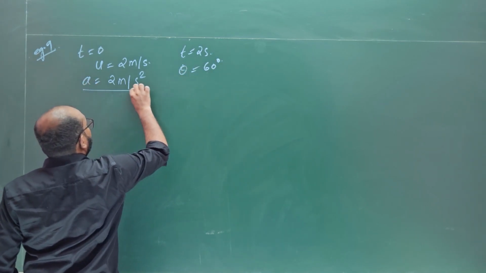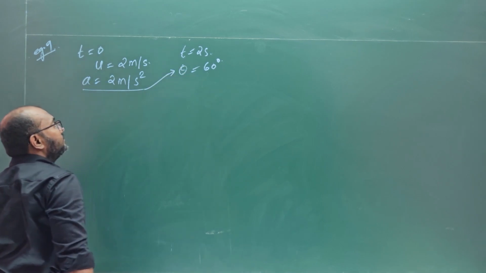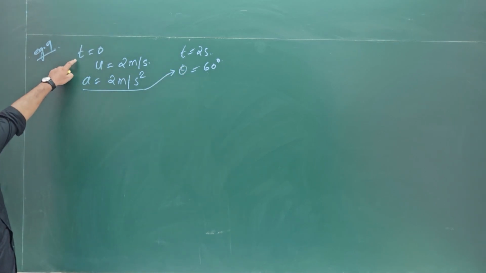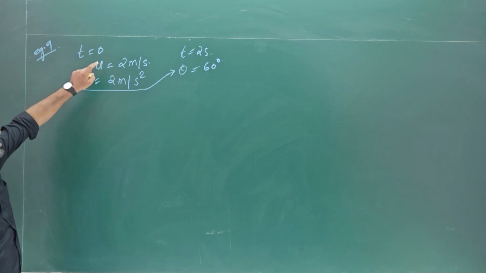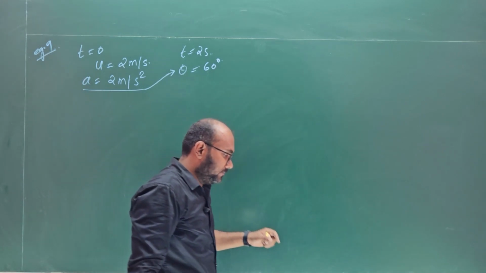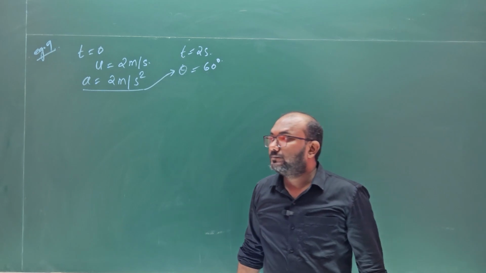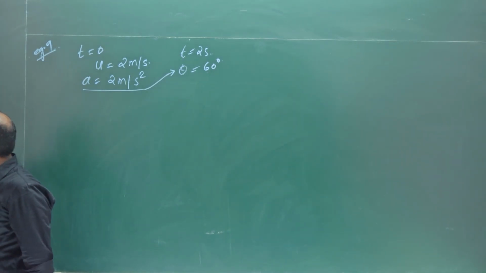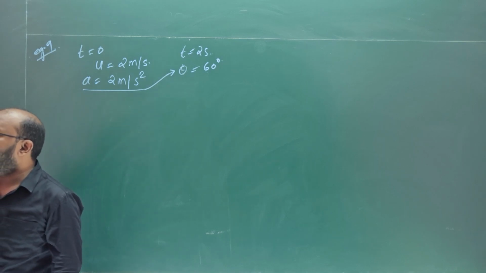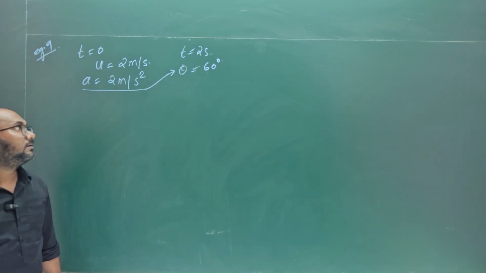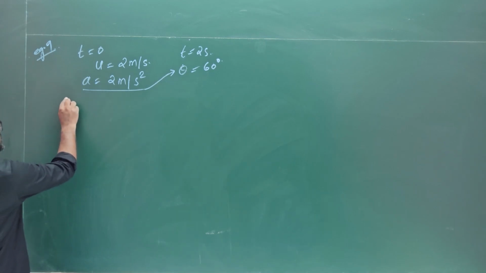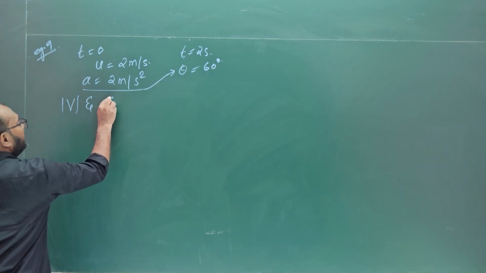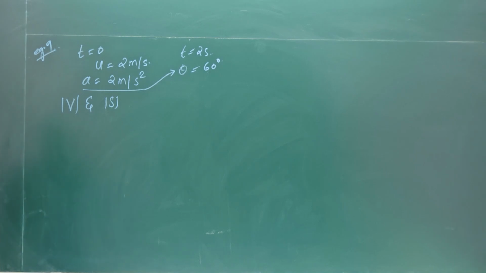That means acceleration is acting at an angle of 60 degree on the particle when initial velocity is 2 meter per second. Then find the magnitude of velocity and displacement at t equals 2 seconds.